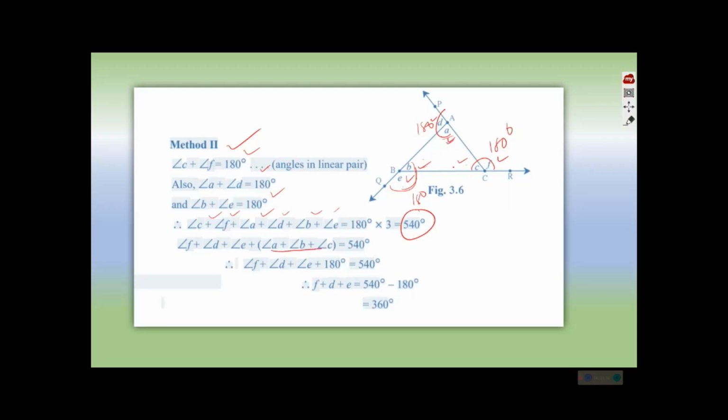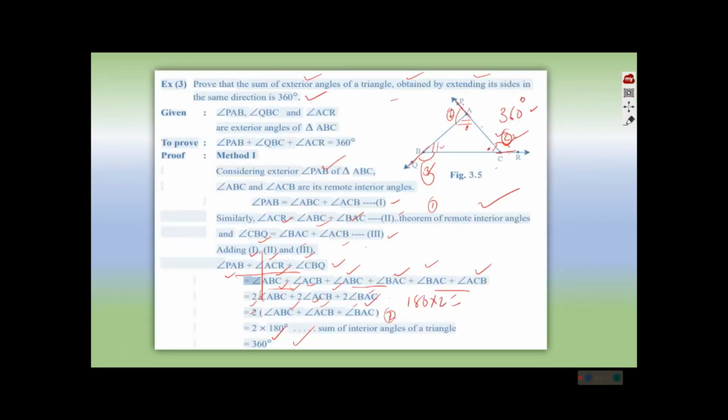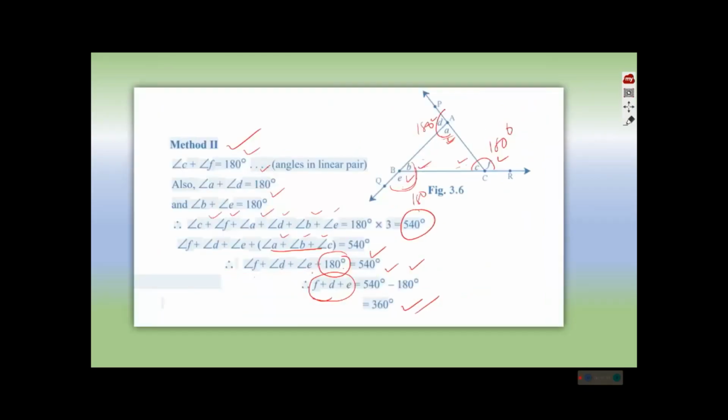If you substitute the value of ABC, angle F plus angle D plus angle E, which are exterior angles, plus 180 is equal to 540, and the sum of exterior angles, which is our statement, is equal to 540 minus 180, 360 degree. यही तो पहले भी मिला था. Prove that sum of exterior angles of a triangle obtained by extending the side in same direction is 360 degree. Two methods से ये prove किया है.